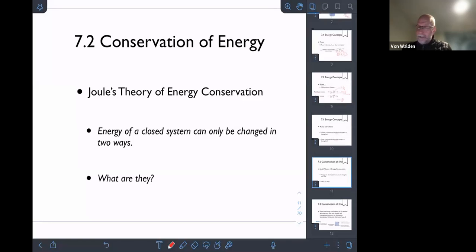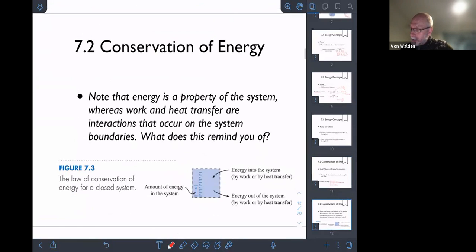But conservation of energy, you've heard about before, I'm sure, and it is basically that the energy of a closed system can only be changed in two ways. And what are they? They're by heat exchange, in or out, or by work. And these concepts are going to be used in the derivation of the energy equation.